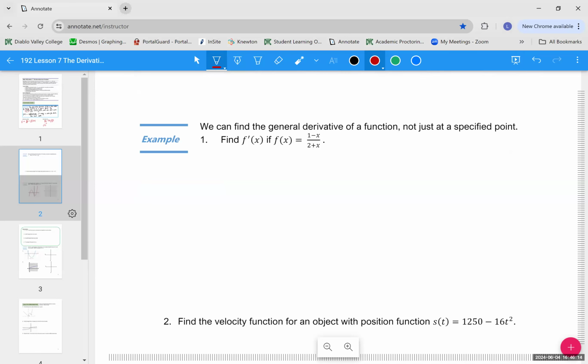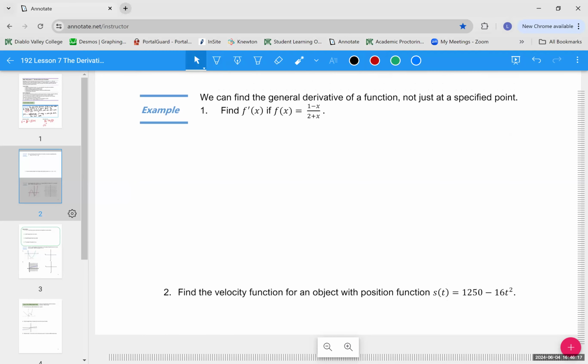Okay, so in the next two examples, we're going to use this same limit, but we're going to do the derivative for general x, not at a specific point. So we're going to use the limit in terms of x without the a.